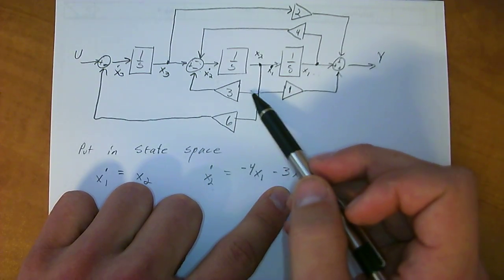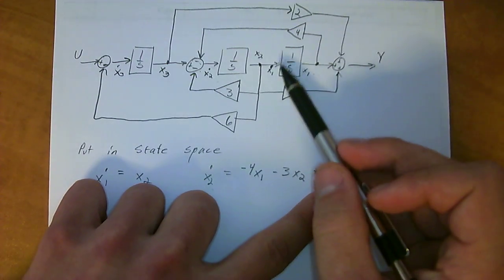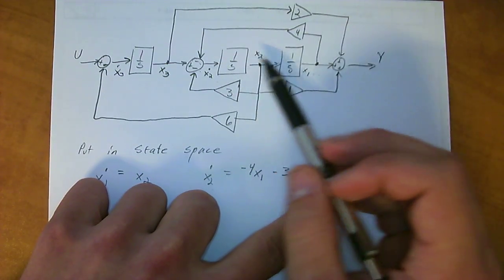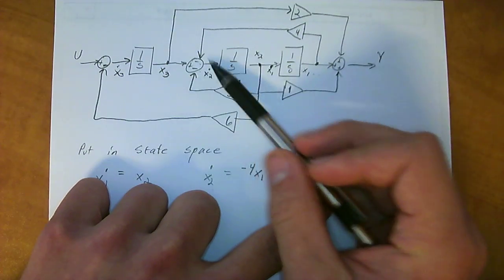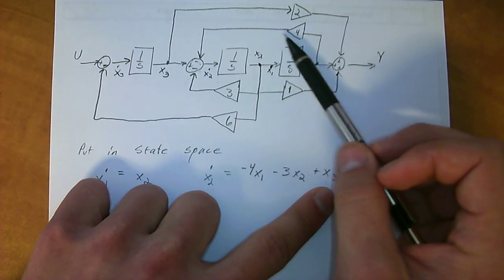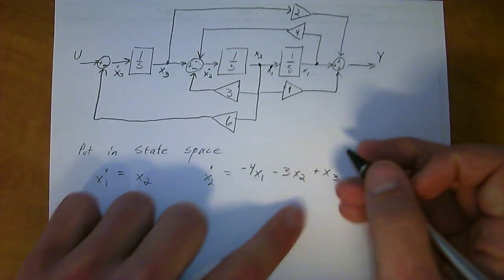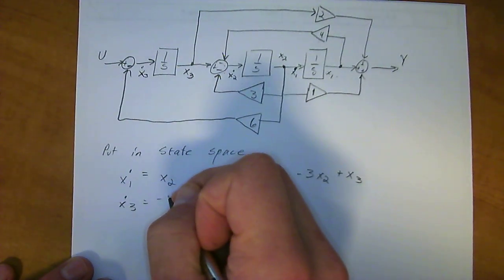So negative 4 times x1, and then you've got 3 coming back here, going in, and then you've got a negative 3 times x2, and then you've got an x3 coming in right here. So x3 coming into this summing junction, and it's positive. So it's mainly the summing junction, but you can also say if it's pointed backwards, it's probably going to be negative, just because of the way these gain blocks are.